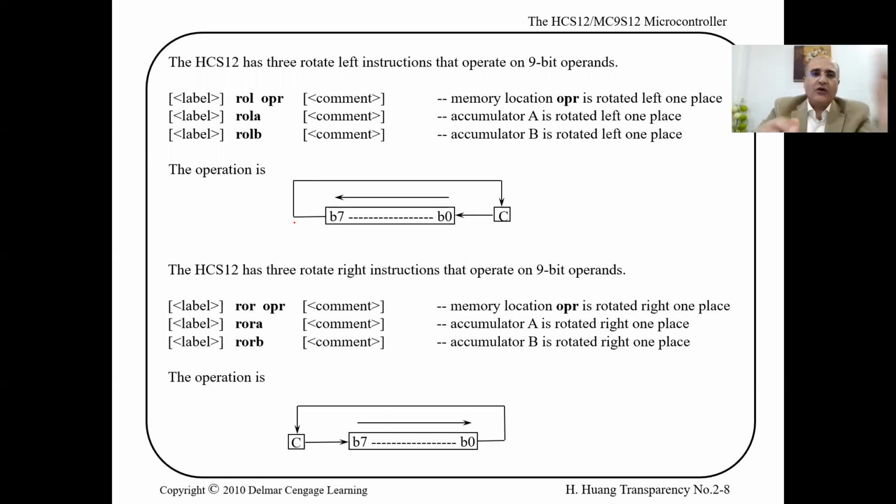That was about the shift. Now, we're talking about the rotate instructions. Rotate instructions, you pretend that the carry bit now is the 9th bit of the register or the operand you're working on. So it becomes like the 9th bit. So if you rotate left for a memory location or the 2 registers, A or B, the carry will come in replacing the least significant bit. Bit 0 replaces bit 1. Bit 1 goes to bit 2.